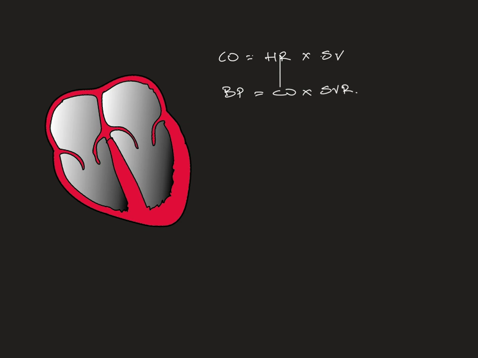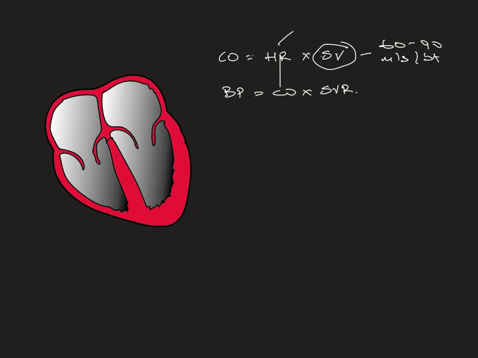But let's start with stroke volume. What is stroke volume? Stroke volume is basically the amount of blood that is ejected from the heart every time it beats. So the standard number for stroke volume is between 60 to 90 mils per beat. So how much blood is ejected after it beats?